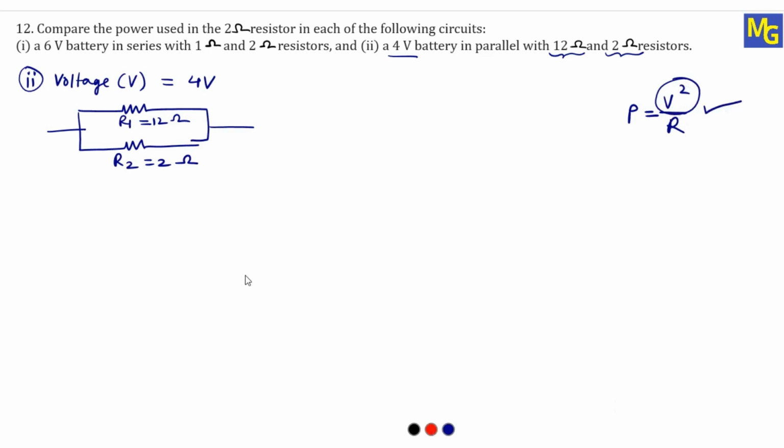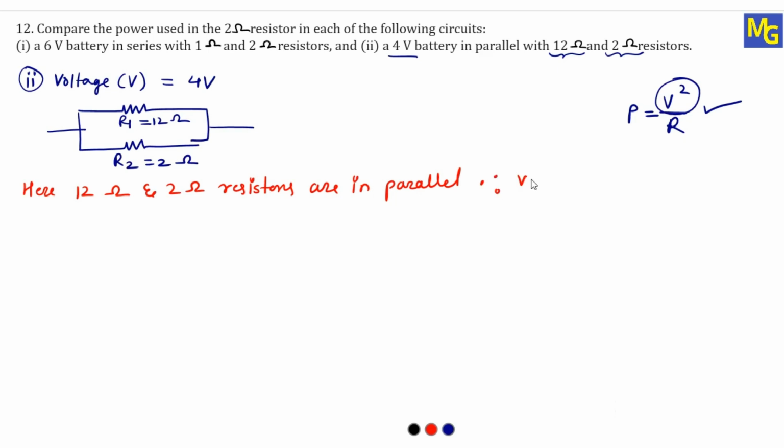So now I'll write the sentence here. Here 12 ohm and 2 ohm resistors are in parallel.